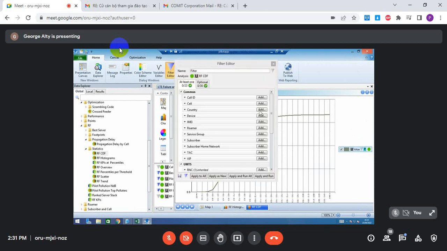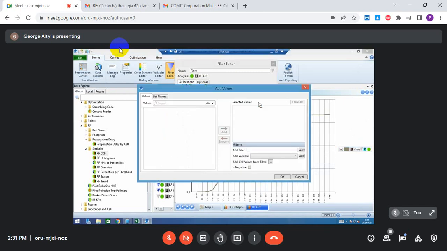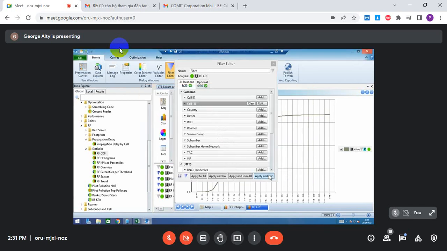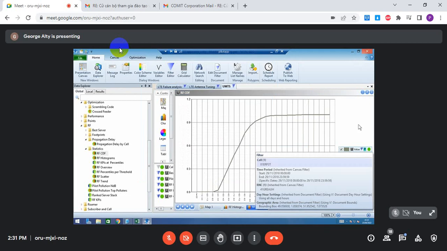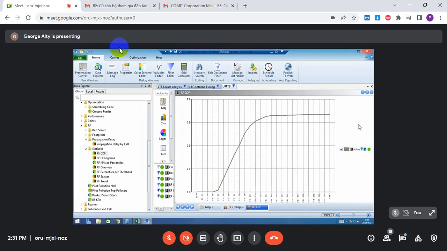Again, we've got the cumulative. I'm just going to add that cell to it. Run. Okay, that's one cell in it. That's not what I'm expecting. Yeah, okay. So this is the reported values of EcNo.